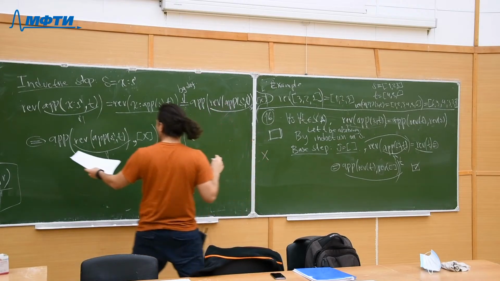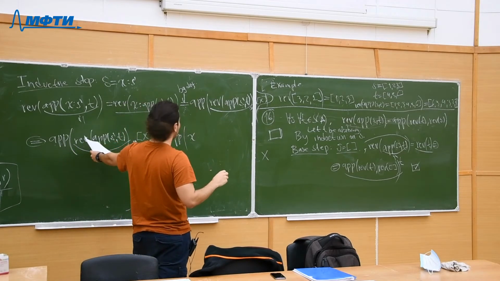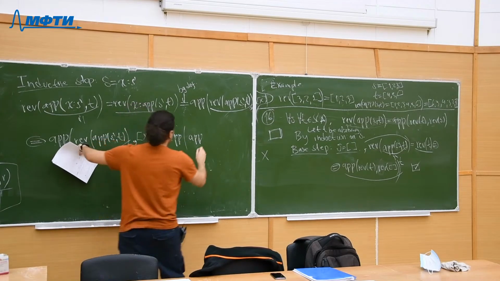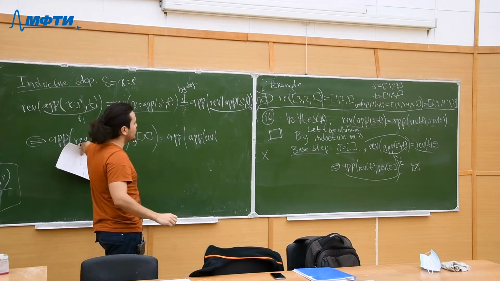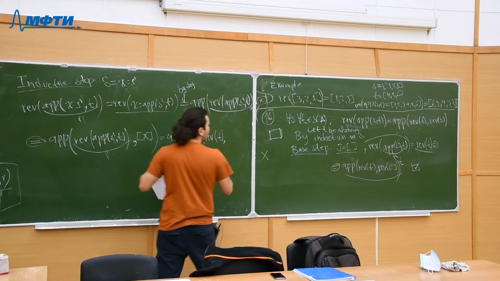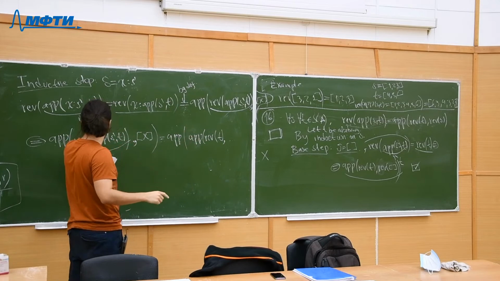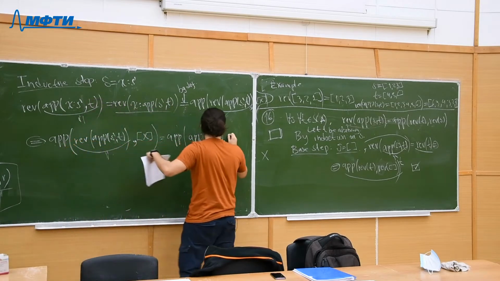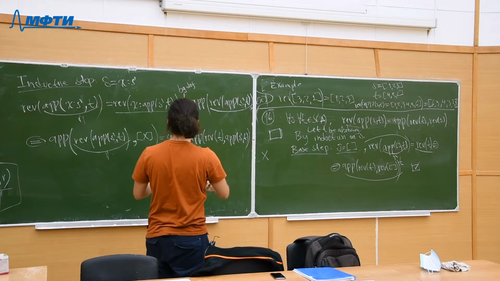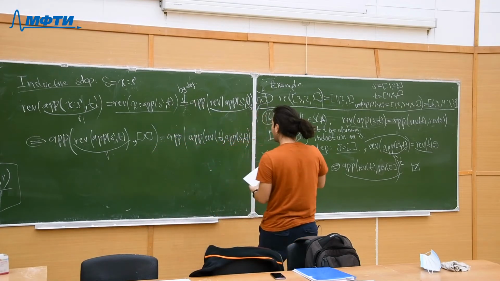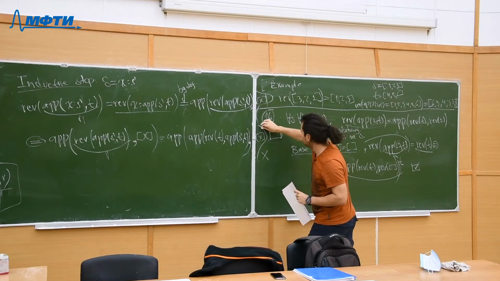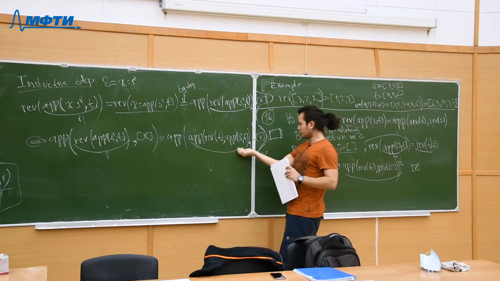So this is app of, the reverse of app is going to be app, the reverse of, in this case, T is T, and S is app of S prime T. So the app of this and X. So the app of this and this.